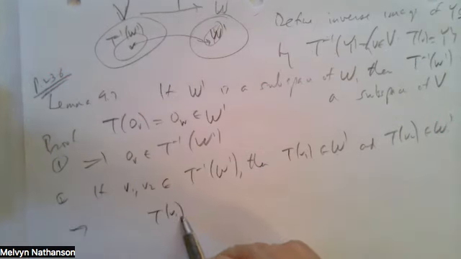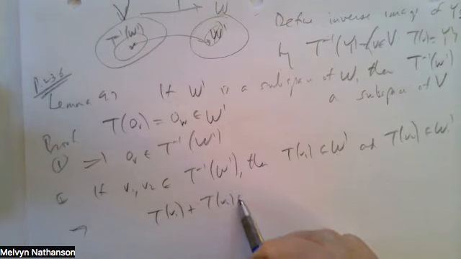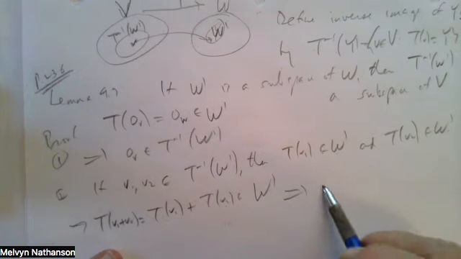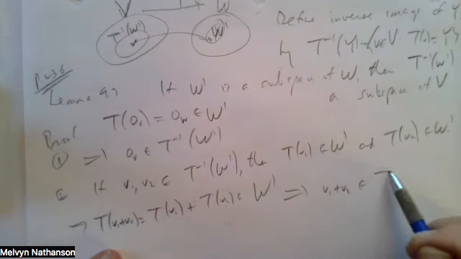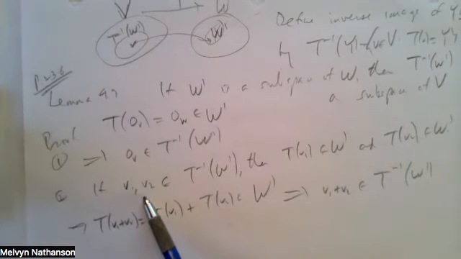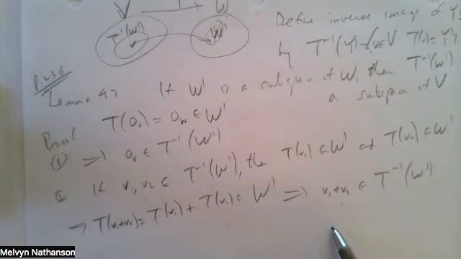So T of V1 plus T of V2 is also in W prime. But because T is linear, T of V1 plus T of V2 is T of V1 plus V2, which means V1 plus V2 is in the inverse image of W prime. So if I take 2 vectors in the inverse image, their sum is in the inverse image.